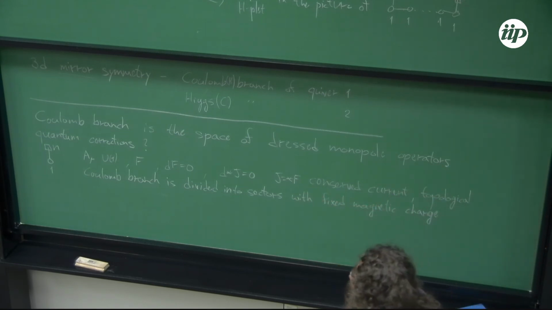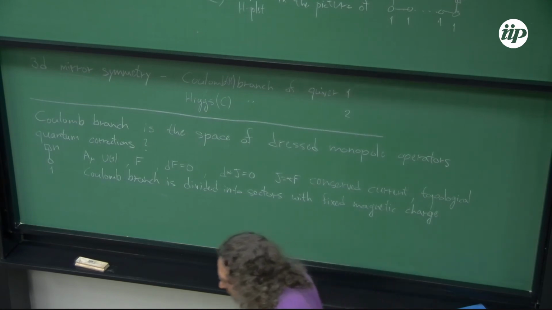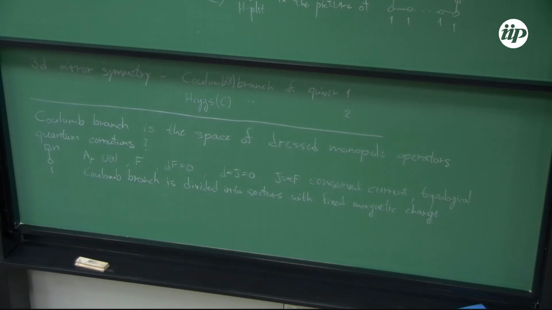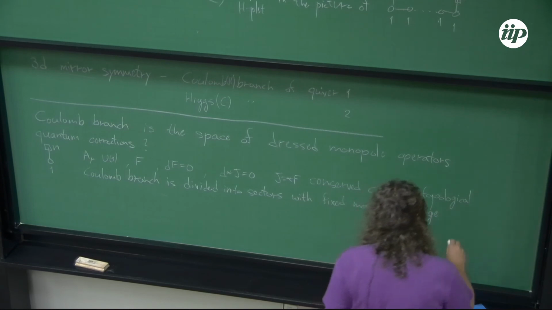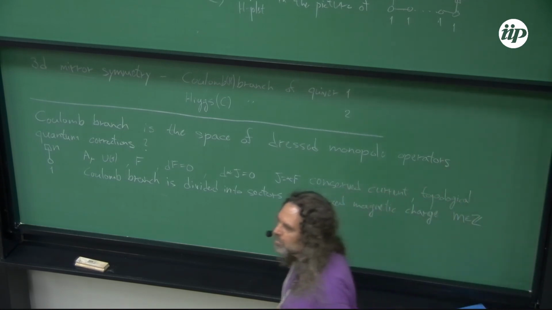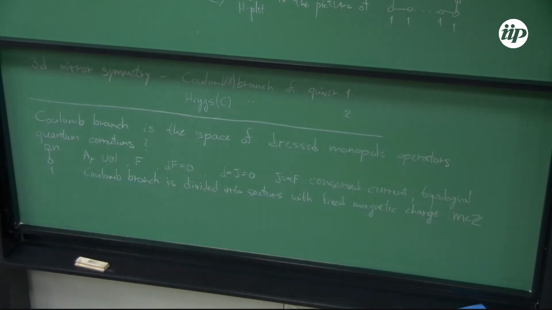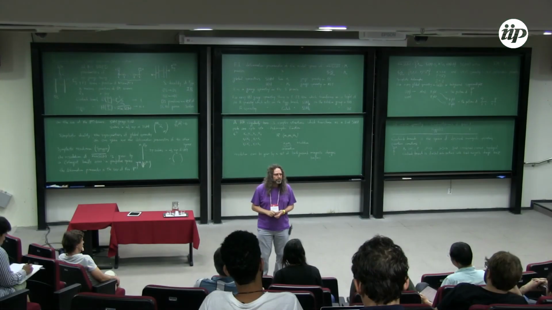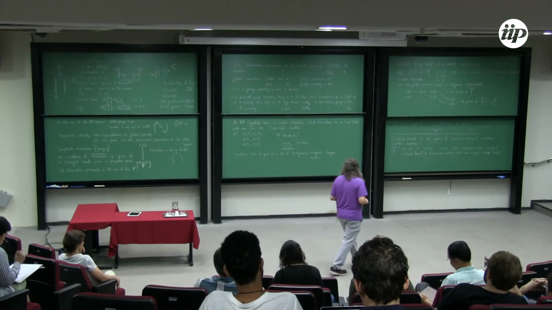Now, since this current is just an abelian current, we have a magnetic charge which is an integer. So when we think about the Coulomb branch, we really need to think about infinitely many sectors, each sector characterized by magnetic charge. Okay? Very good.